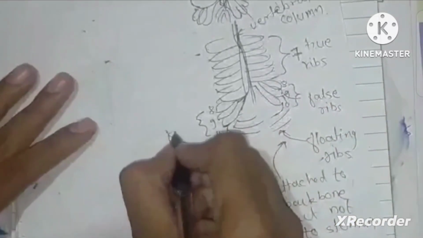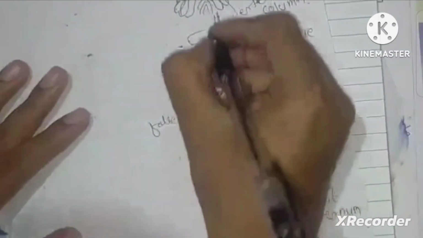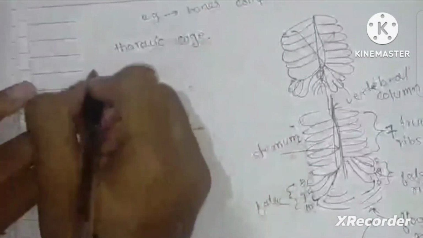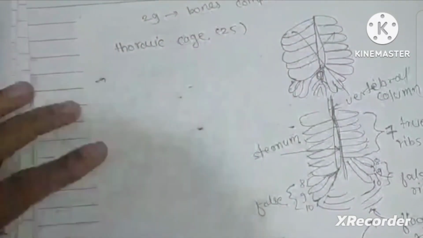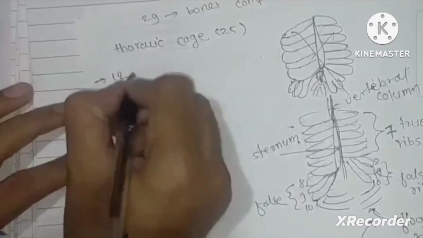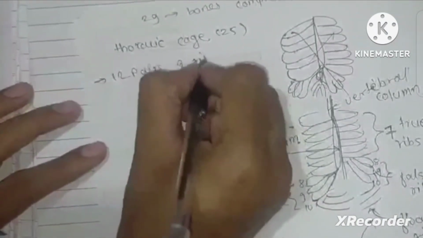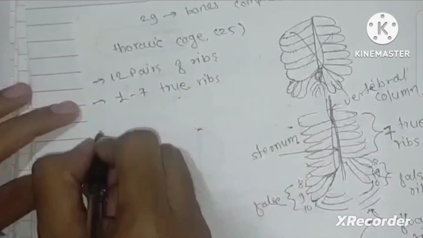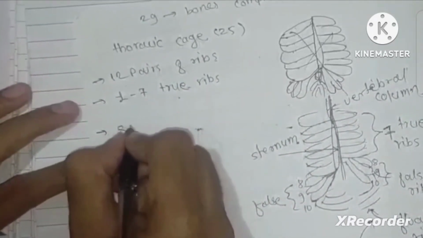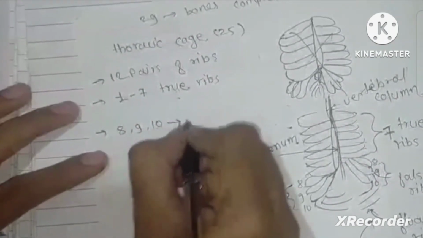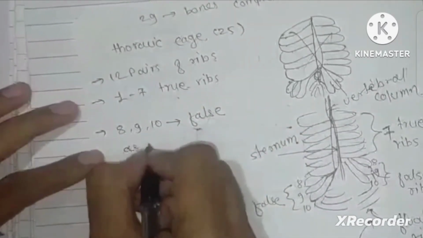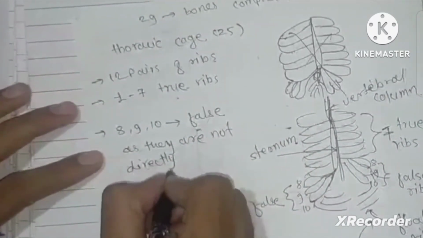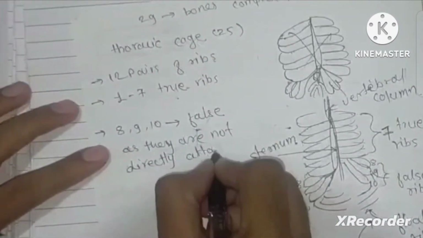12 pair of ribs, that is 24 bones. 1 to 7 are true ribs. 8, 9 and 10 are false ribs, because they are not directly attached to the sternum.